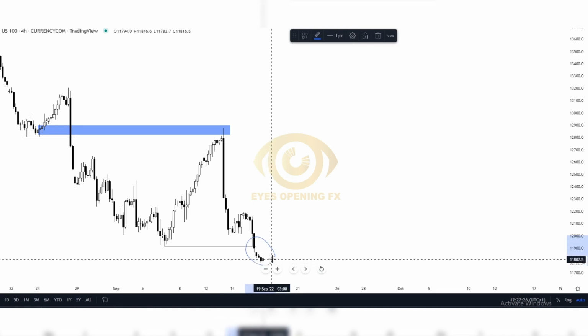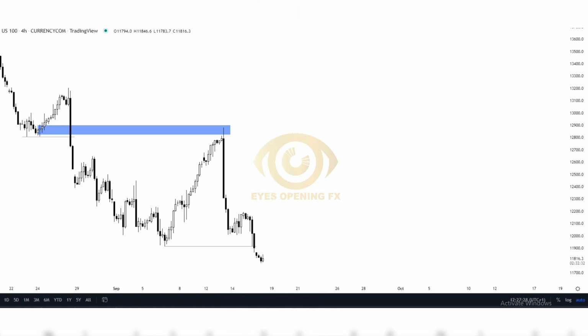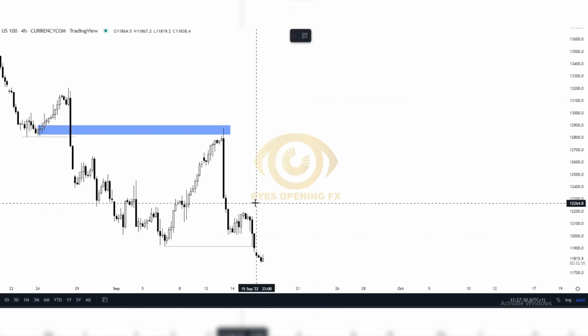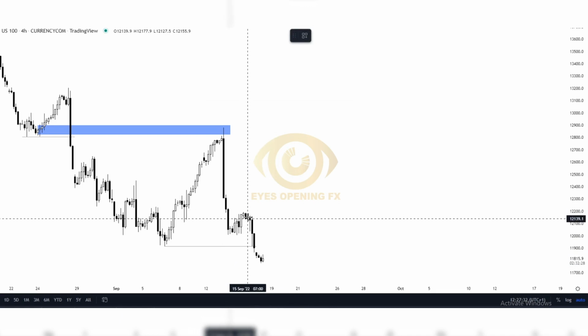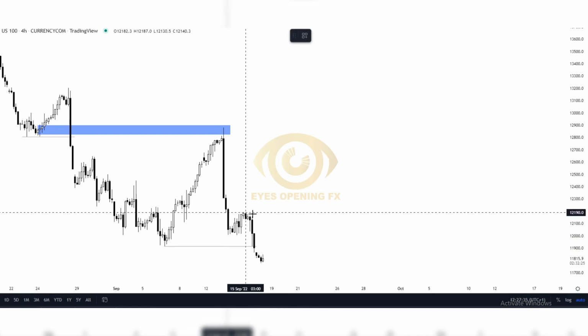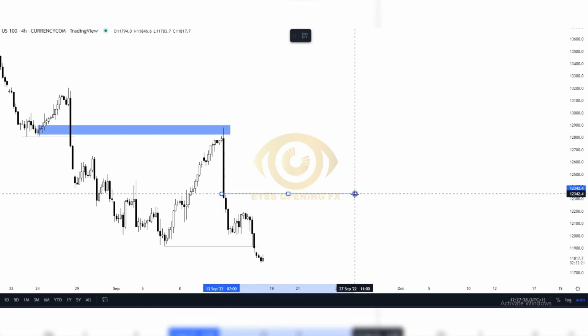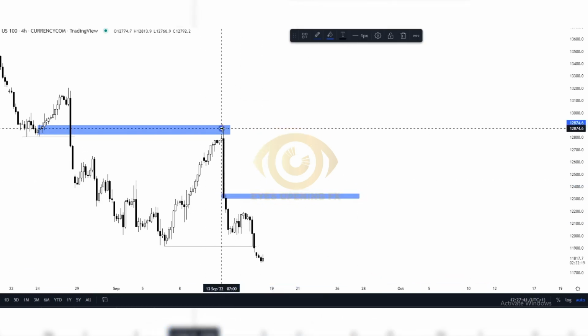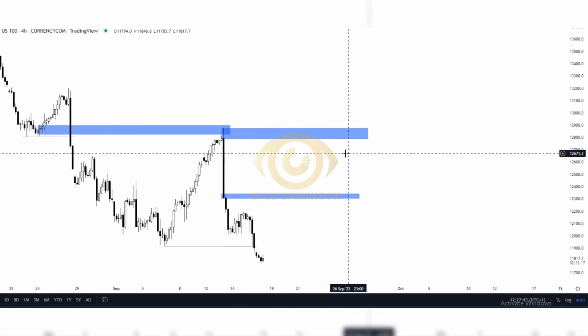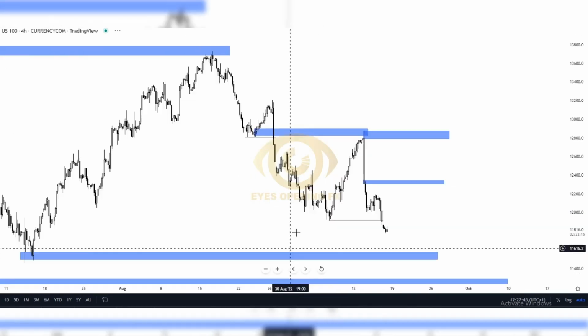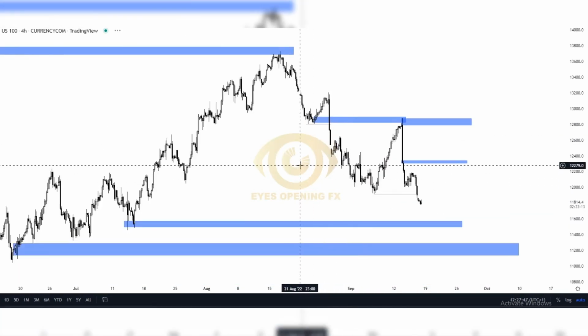After the range structure forms, we expect a deep retracement into this range. After the deep retracement, we expect a little pullback at this little range high and immense sell at this SC candle. So these are the two areas we focus on in giving us a bearish continuation on this US 100.